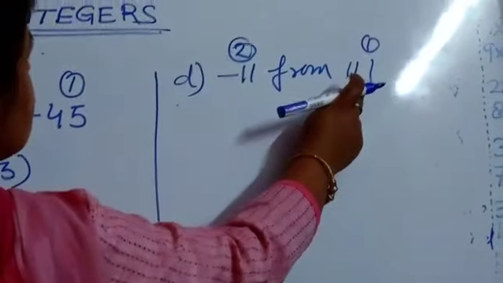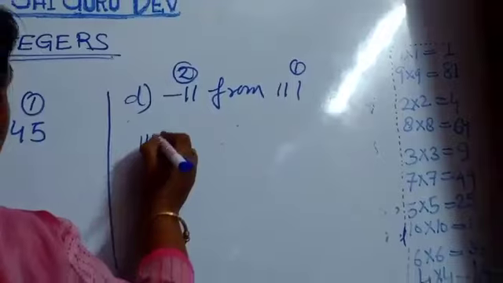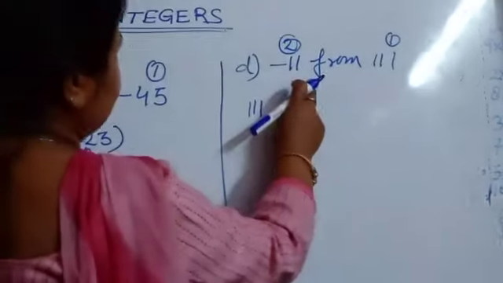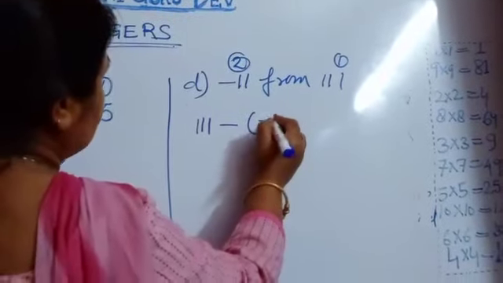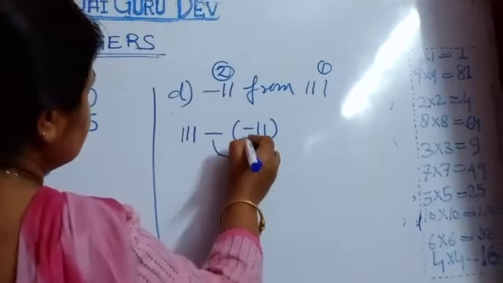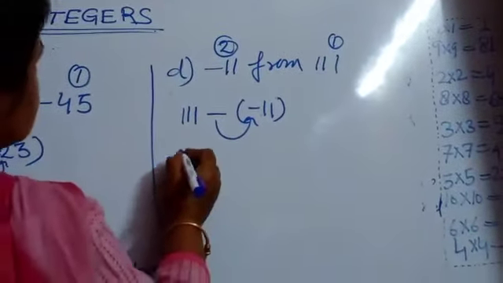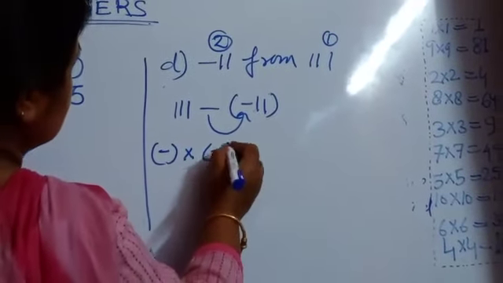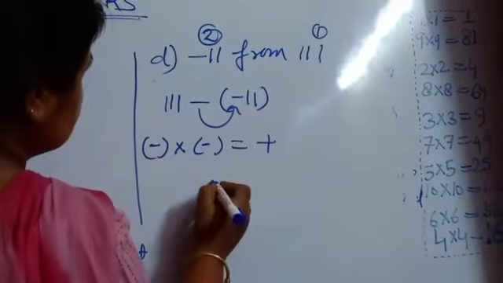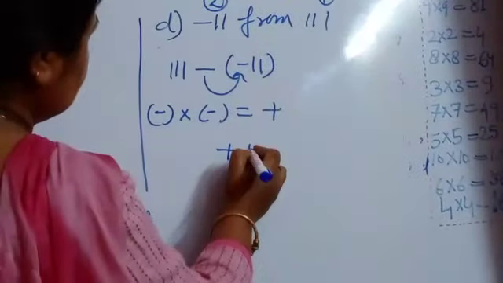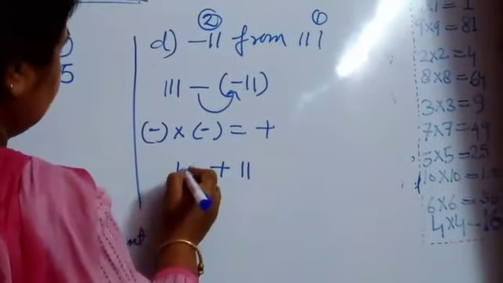Now first write this number 111. Then you have to do subtraction, put the minus sign. Then write the second number in bracket, minus 11. Now you can see that here minus into minus is equal to plus. So in place of these two signs, just put plus, and here 11. This one will remain the same.